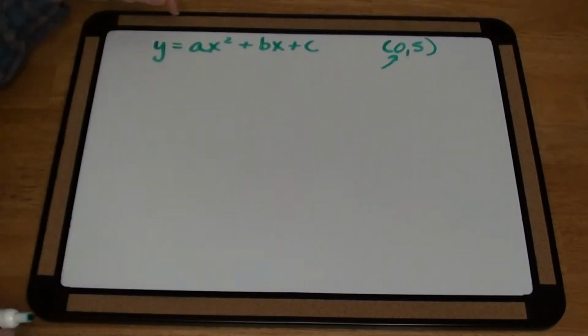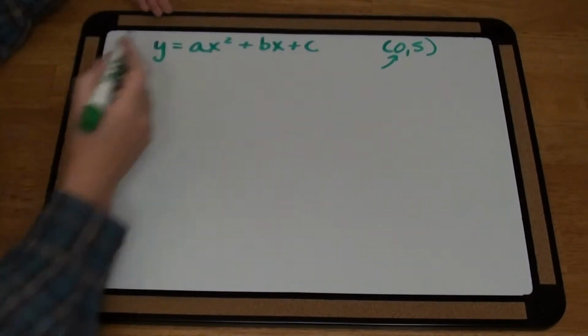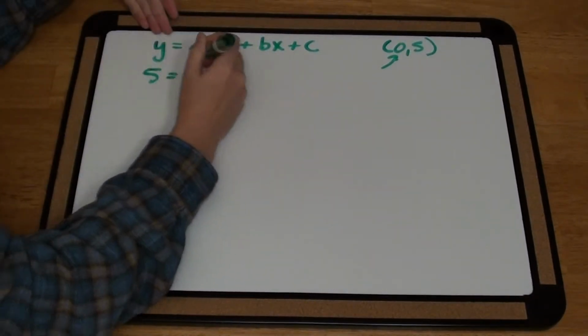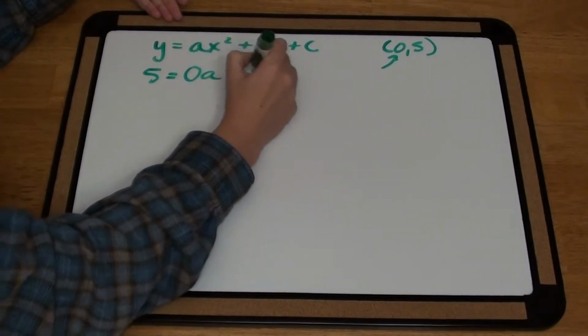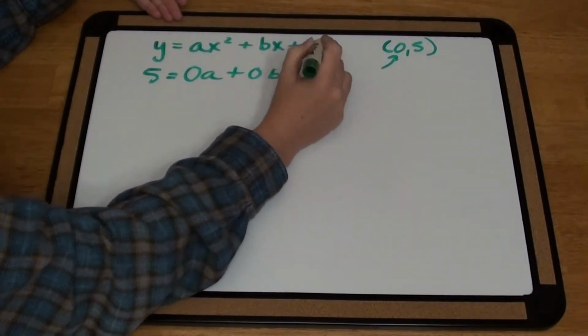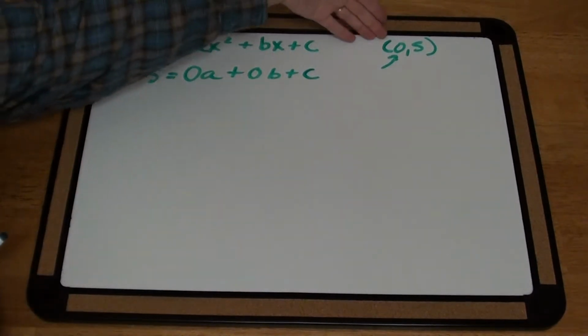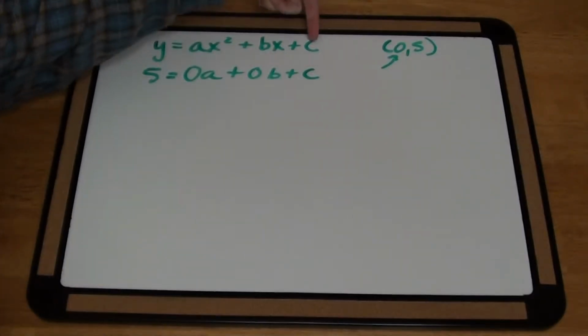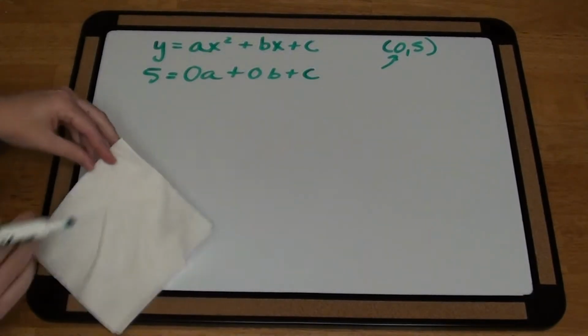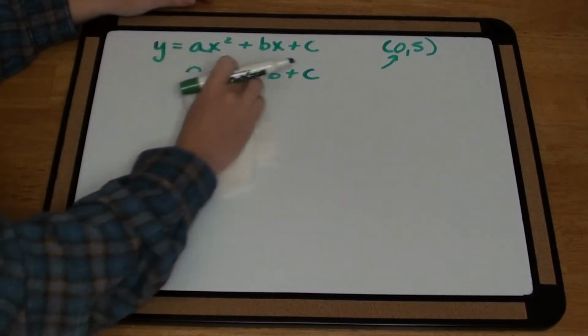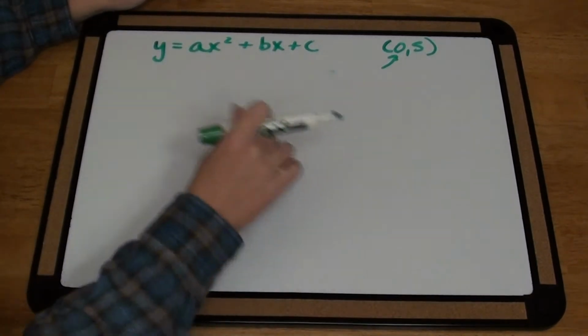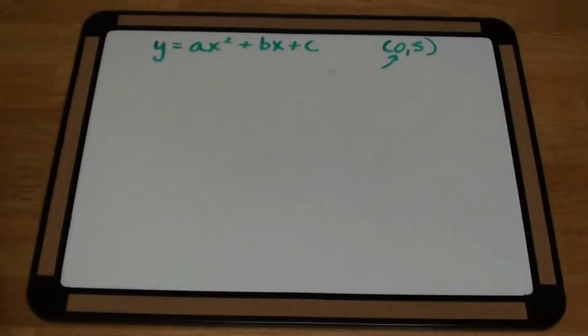Let me just give you an example. I could go ahead and put this in, and what I would get is 5 equals 0a plus 0b plus c. So here c equals 5. As soon as we see the y-intercept is 5, we know that c is 5, because c represents the y-intercept. So life just got easier. Now we only are going to have to deal with 2 equations.